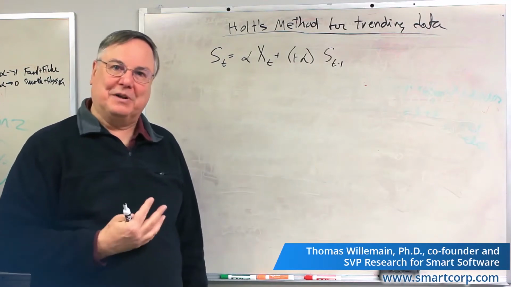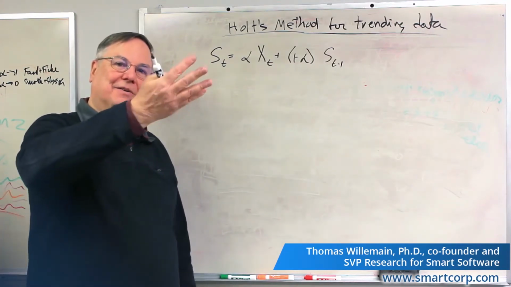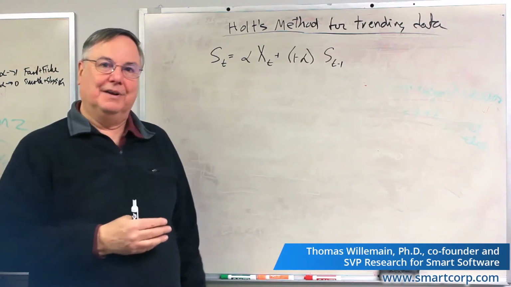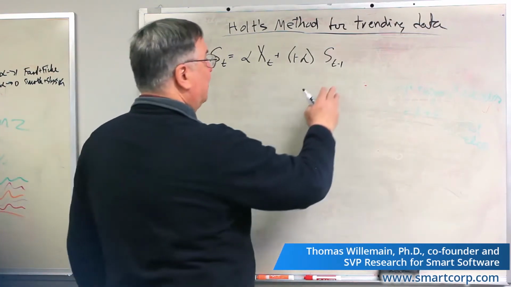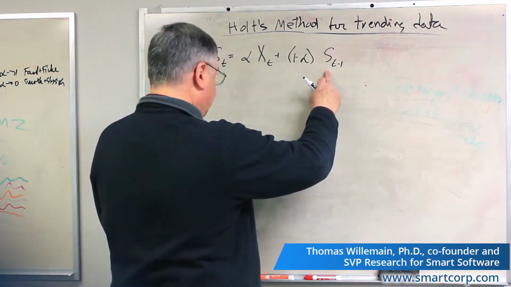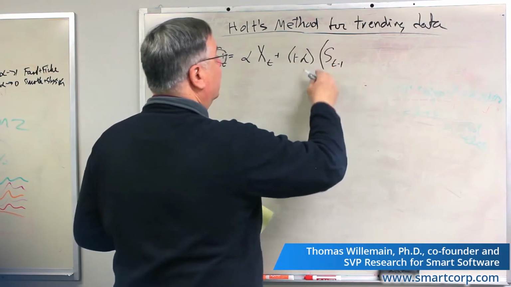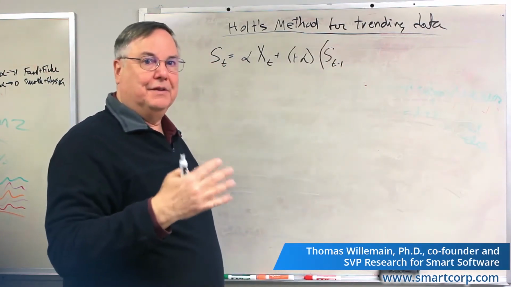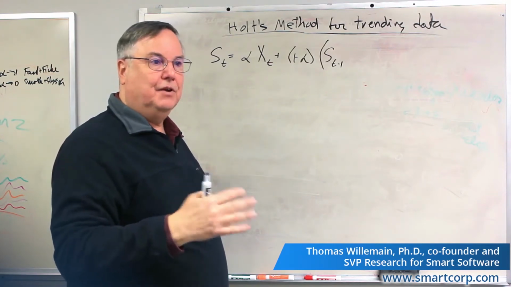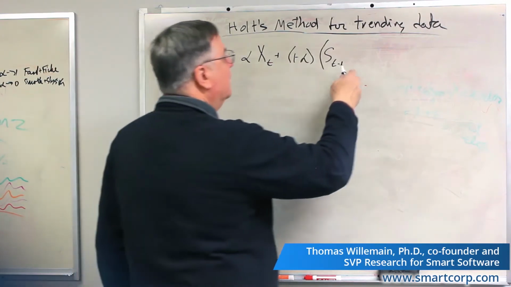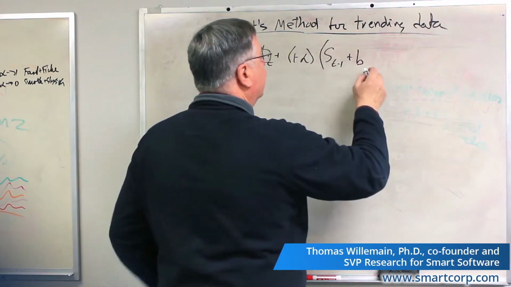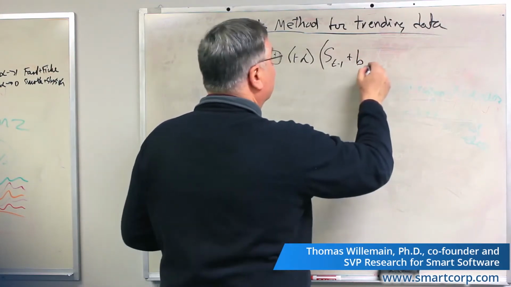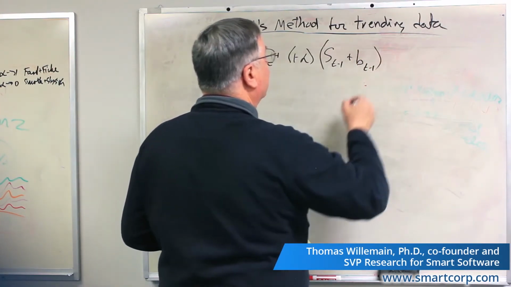It's not in the middle anymore because the data are trending up or trending down. So instead of using that, we say the current level that we think the data is at is the old level plus the trend that we were seeing at that time.